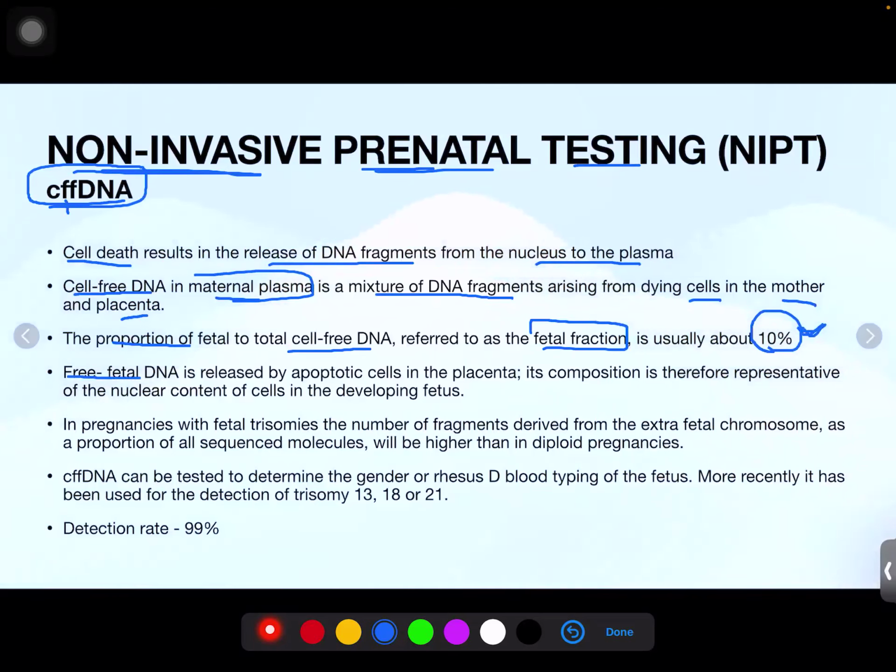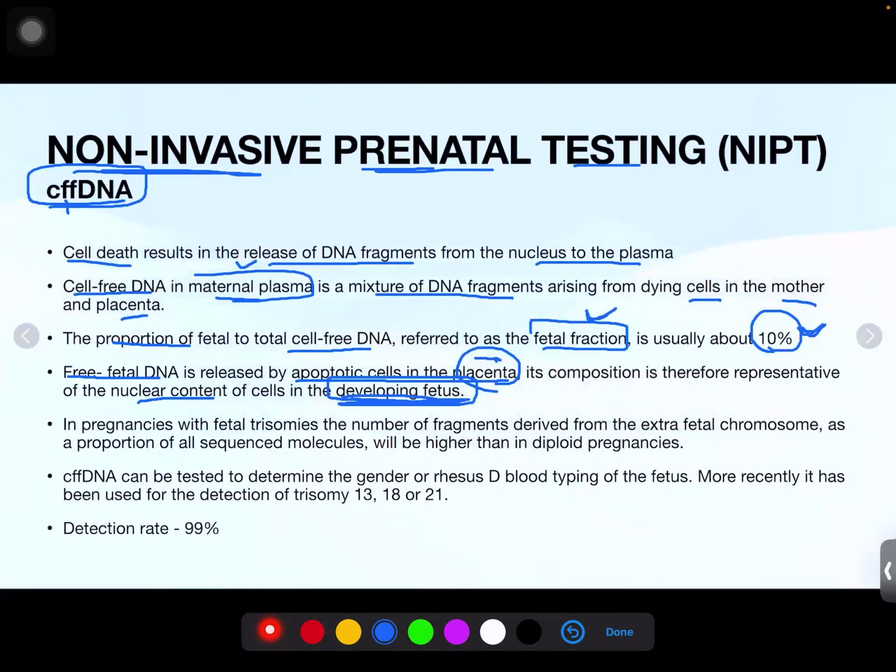Free fetal DNA is released by apoptotic cells in the placenta, so its composition is representative of the nuclear content of cells in the developing fetus. Whatever apoptosis is occurring in the fetus will be released from the placenta into the maternal serum, and you can detect this fetal fraction by just taking maternal plasma.